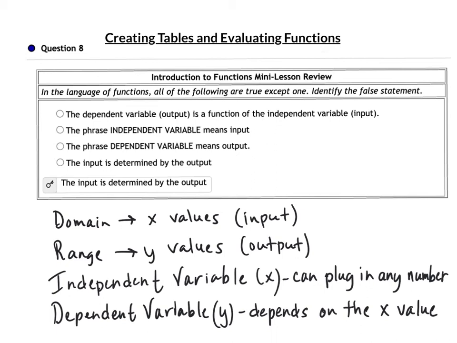The phrase dependent variable means output. Output is the dependent because it depends on what you put in. The input is determined by the output. That's backwards. The output is determined by the input. What you put in determines what you get out. So this one is wrong.